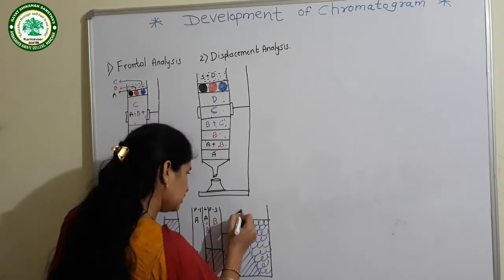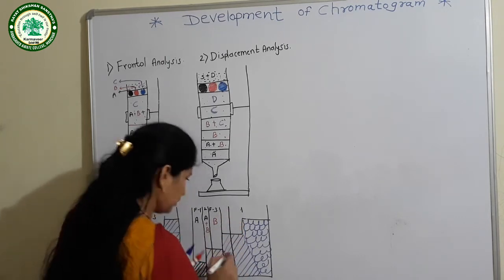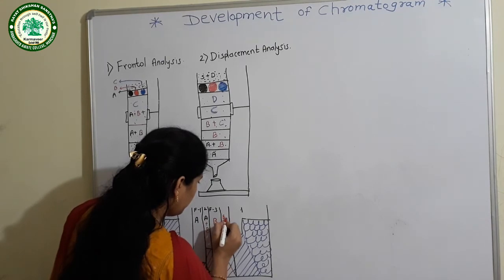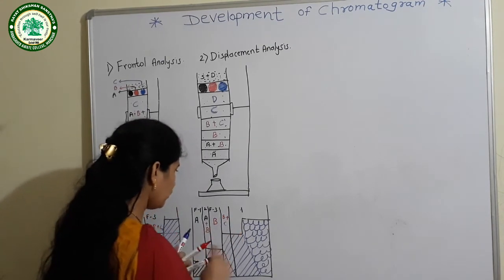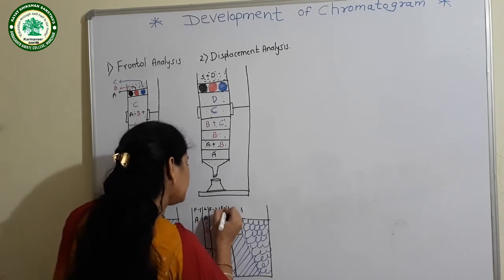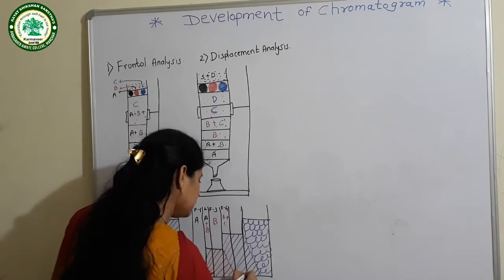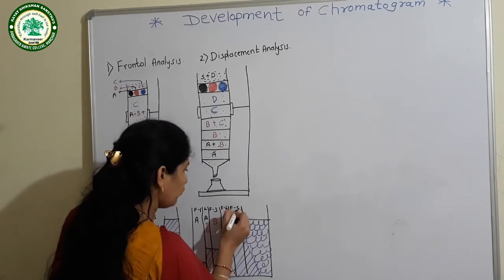Now we will draw the line here. We get B plus C. This is what our fraction 4. Then we will draw the line here, which is fraction 5.